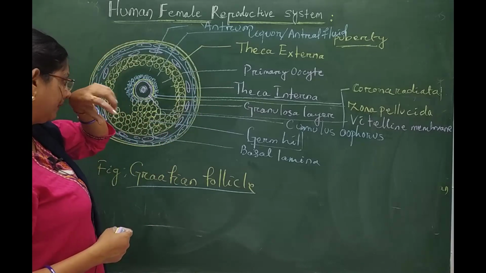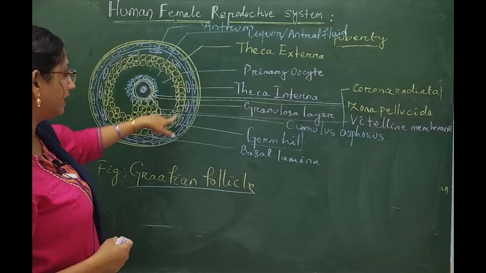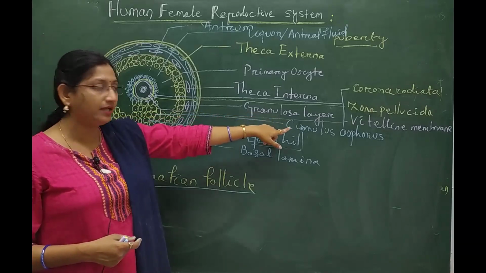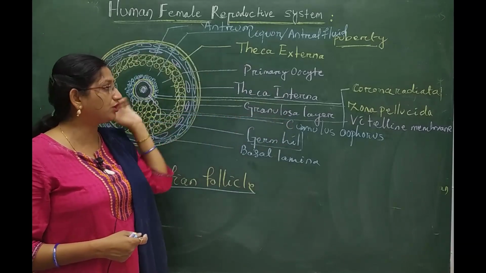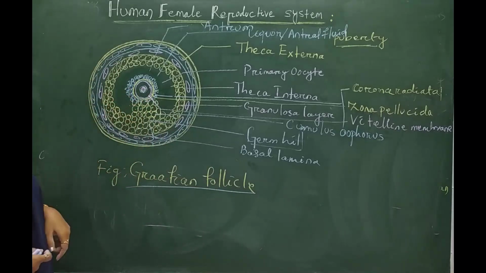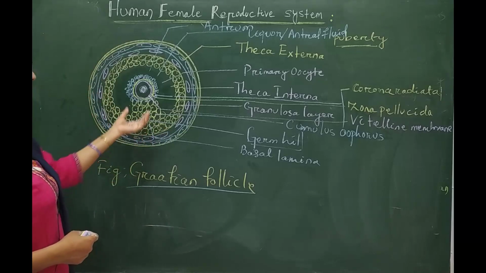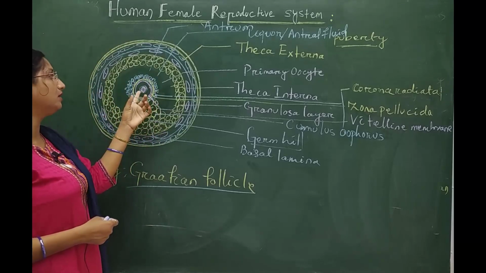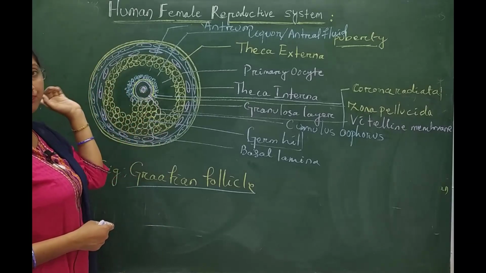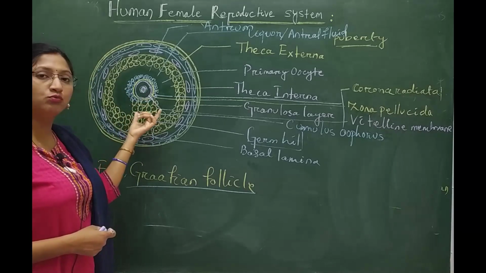Inner to the theca interna, the cells surround internally and form a layer known as the granulosa layer, which is able to secrete the estrogen hormone for the development of the primary oocyte present at the center. This granulosa layer forms a projection towards the center of the Graafian follicle, which is able to touch the primary oocyte present at the center, known as the cumulus oophorus.